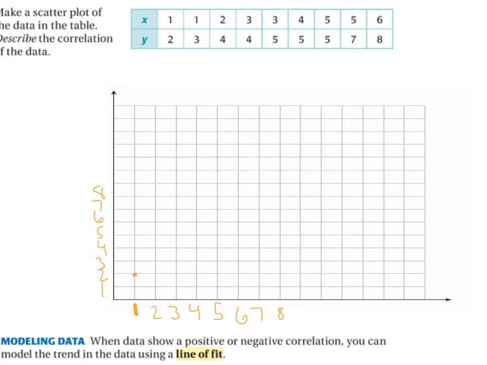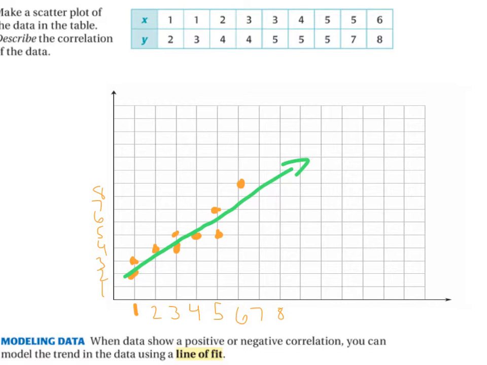Graph 1, comma 2, 1, comma 3, 2, comma 4, 3, comma 4, 3, comma 5, 4, comma 5, 5, comma 5, 5, comma 7, 6, comma 8. Okay, so now, if you think about this, if I'm trying to draw like a line of fit, it'd be approximately there.